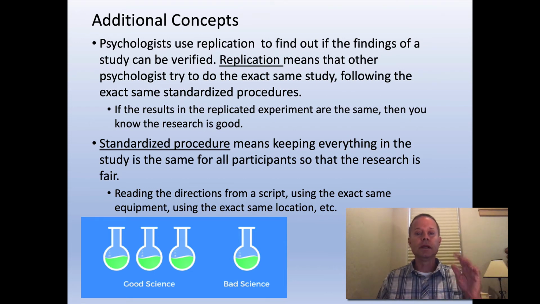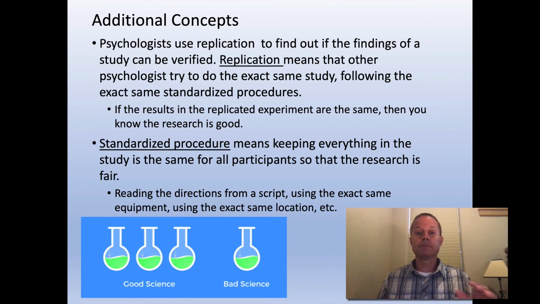So I just used the phrase standardized procedure. What does that mean? When you do a study, if you have 30 babies, you have to keep everything in the study the same for all participants so that the research is fair. So all babies get breastfeeding the same, all babies get the same formula. As much as possible is kept the same.